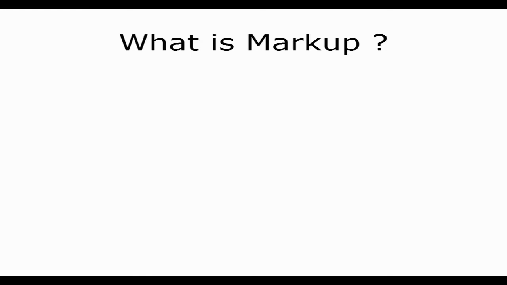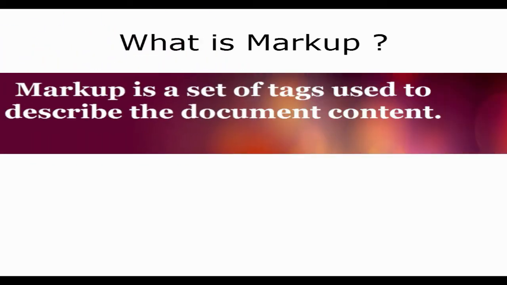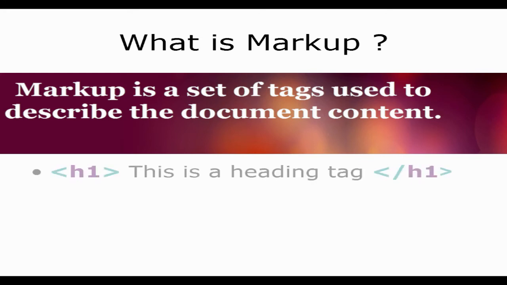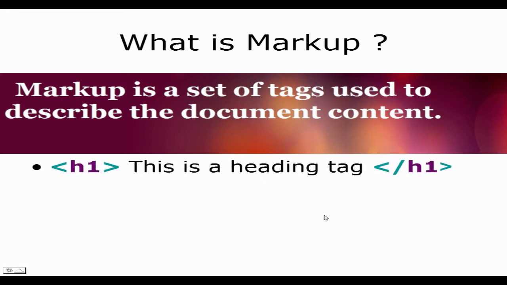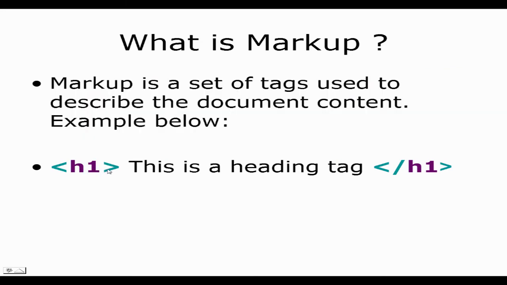What is a markup? Markup is a set of tags used to describe the document content. Example: markup is a set of tags used to describe the document content. This is a tag. The left angle and the right angle brackets are known as tags, and they come in pairs.